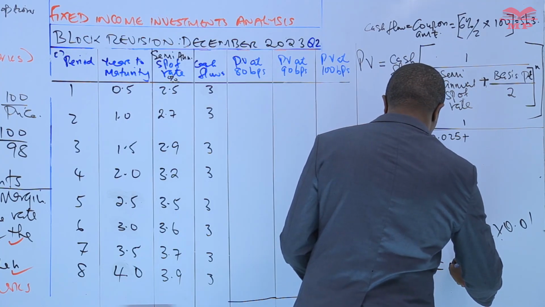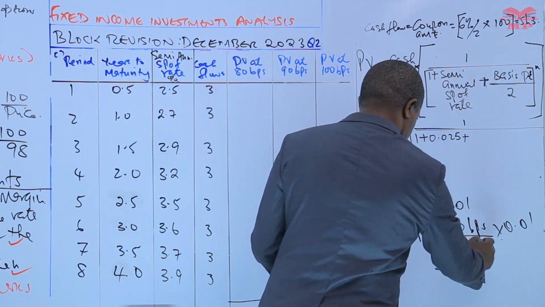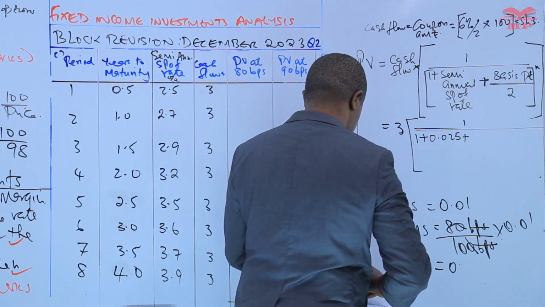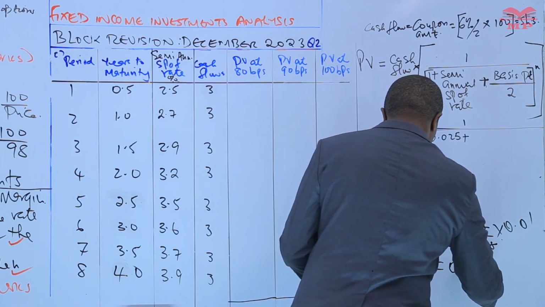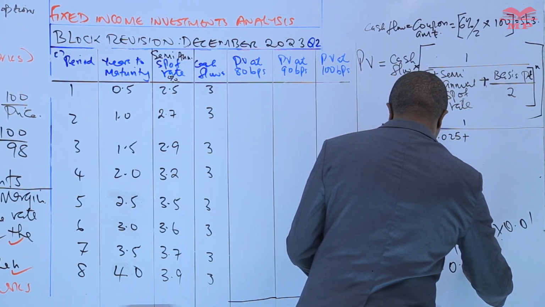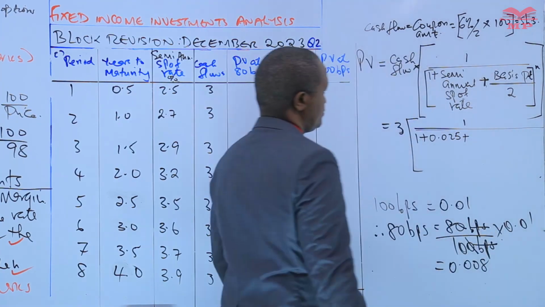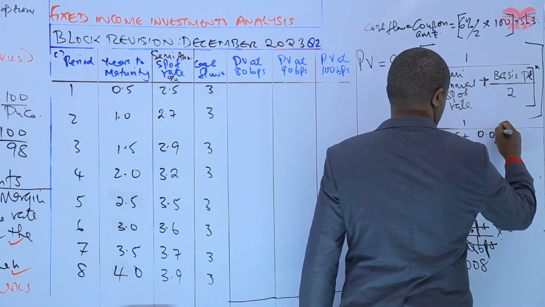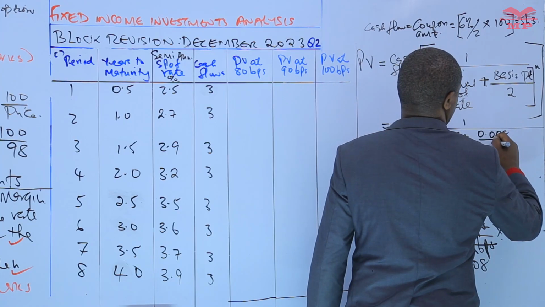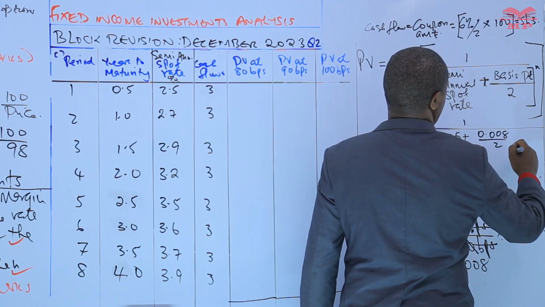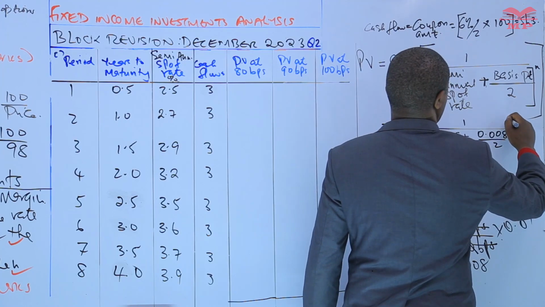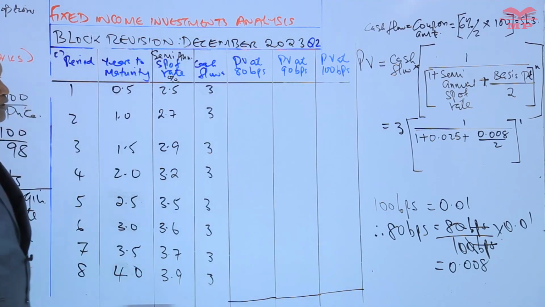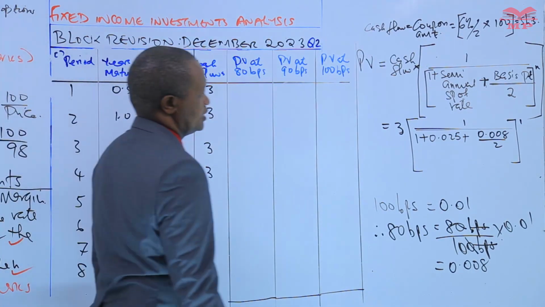This will cancel out, so I only have 0.008. So we add 0.008 divided by 2, and all these we raise to 1.